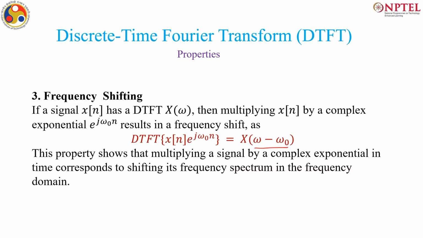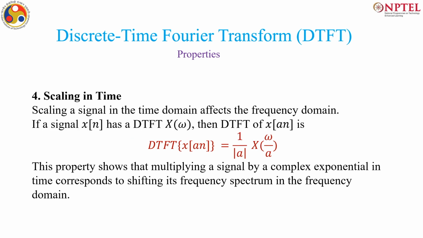What about frequency shifting? Here we get a change in the spectra in the frequency domain, and this happens when we multiply by a complex exponential in the time domain. The next is scaling. This is slightly different from the continuous domain, as I explained: this is not just time scaling, but it is also changing the sampling rate. We might encounter this in multi-rate signal processing.